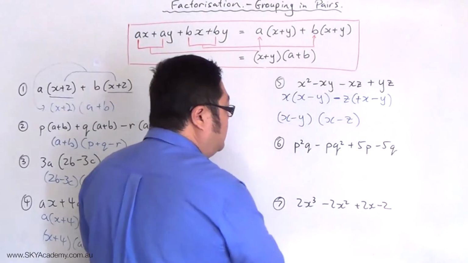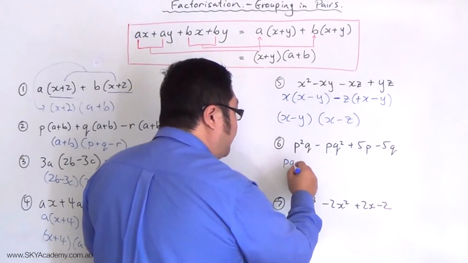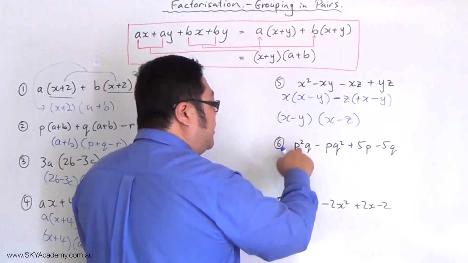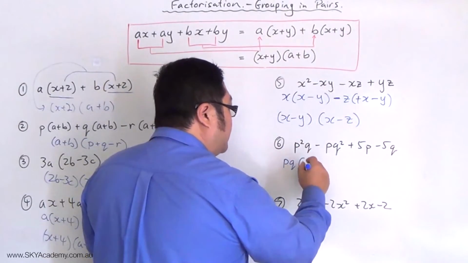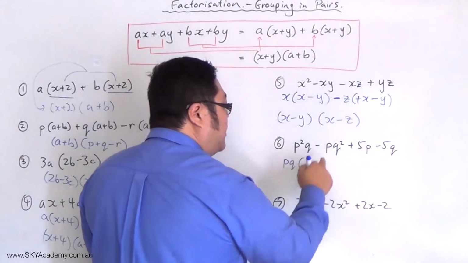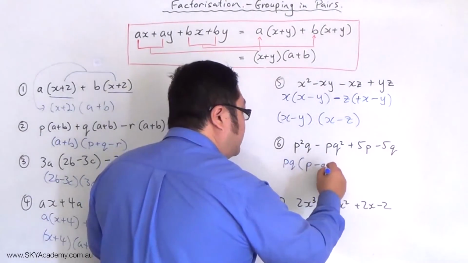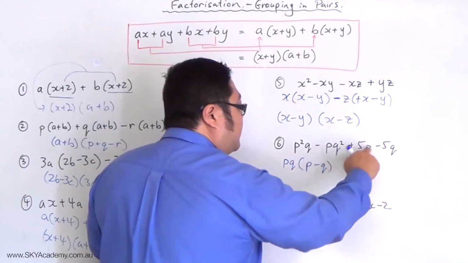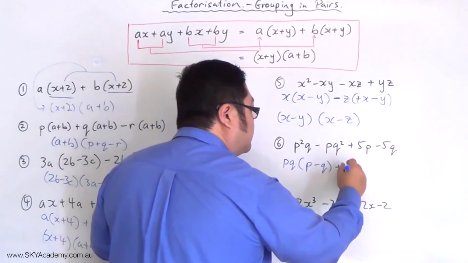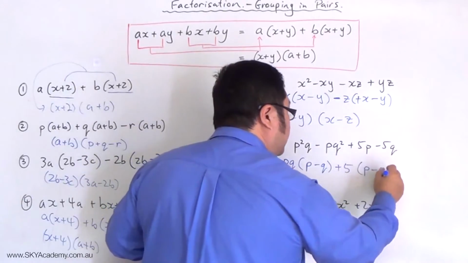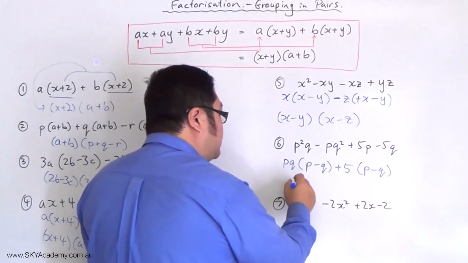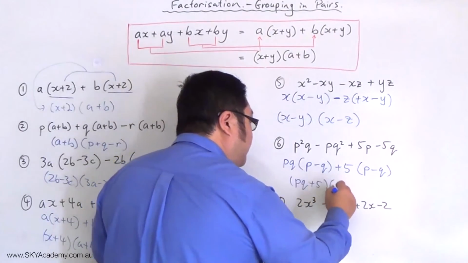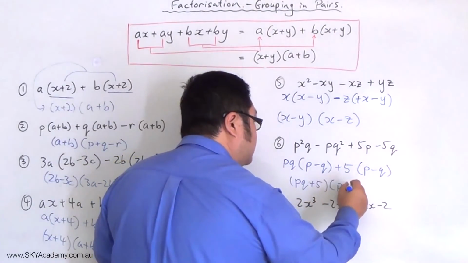What's common to these two is p plus q, or sorry, pq, which means that if you take pq out of p squared q, you're left with p, and if you take pq out of pq squared, you're left with q, right? Take out the 5, right, because 5's common to both, and you're left with p minus q, and then your answer is pq plus 5 outside of p minus q.